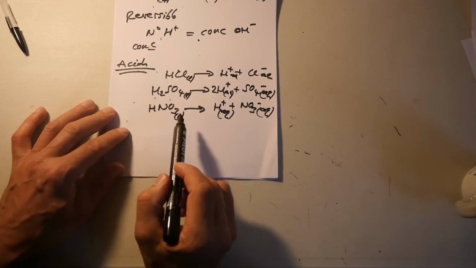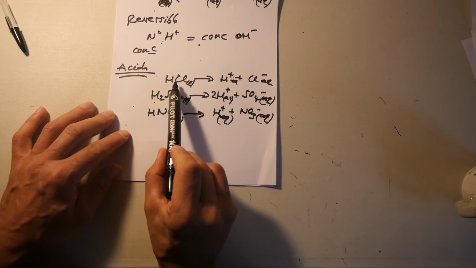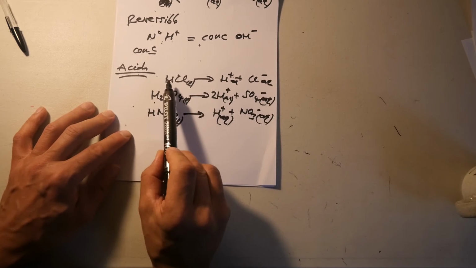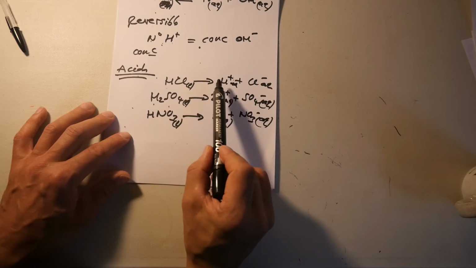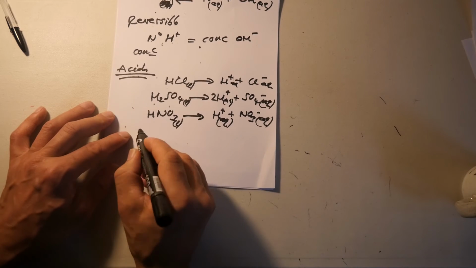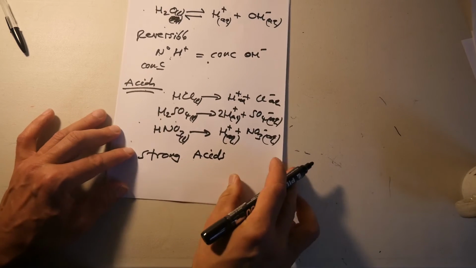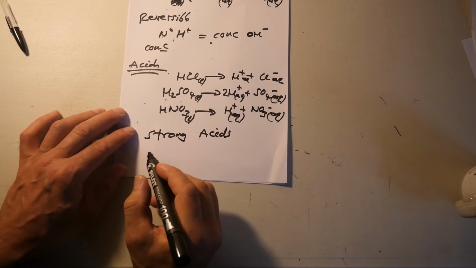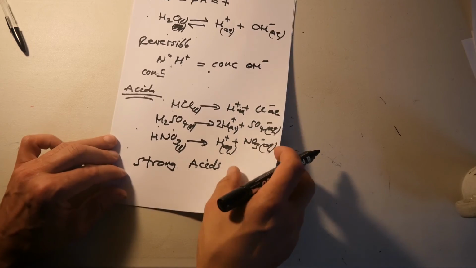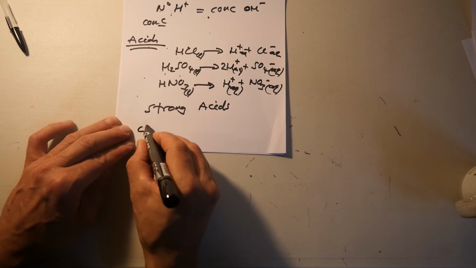Hydrochloric acid, sulfuric, these are also strong acids, which means the single arrow means you get total complete dissociation, 100%, from hydrochloric acid molecule into the two ions. So all this breaks up into these and you get lots of hydrogen ions. So these are strong acids, okay? There's also the carboxylic acids like methanoic acid, ethanoic acid, propanoic acid, butanoic acid, which are weaker acids.